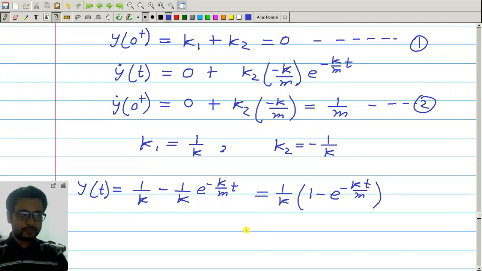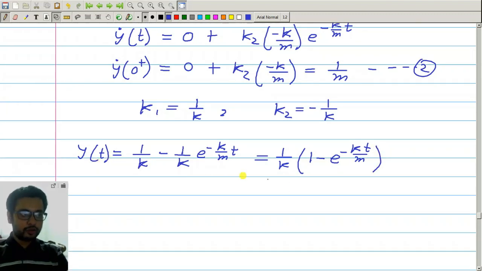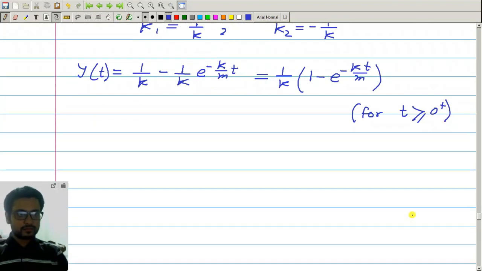This is the expression of y for time t greater than or equal to 0+. Okay, so if you now want to plot this function, you can do that.